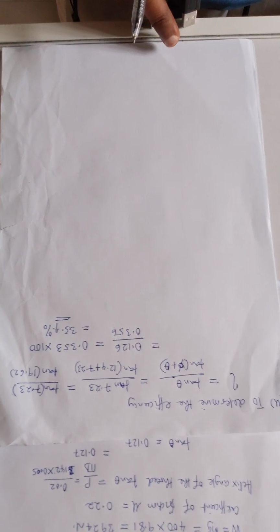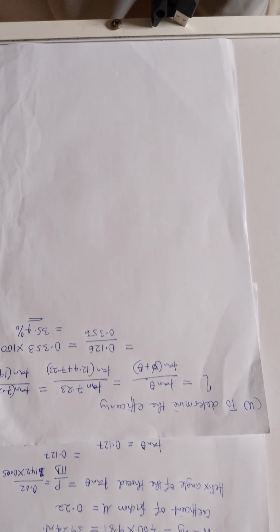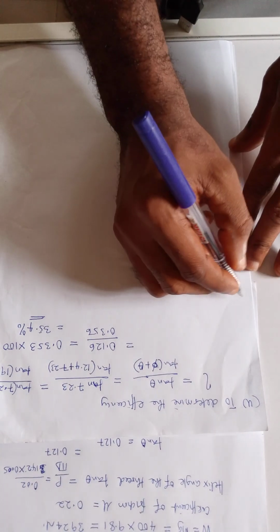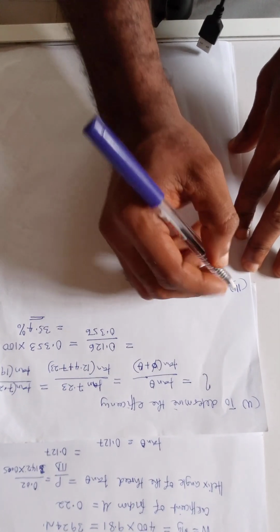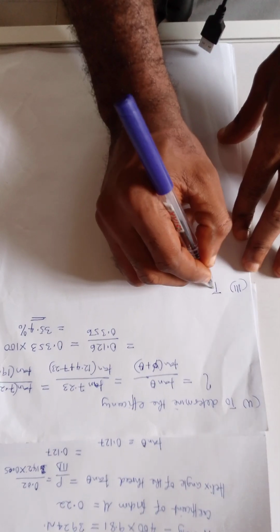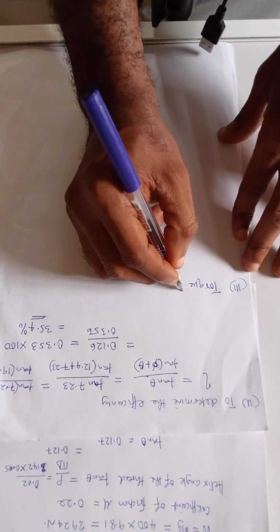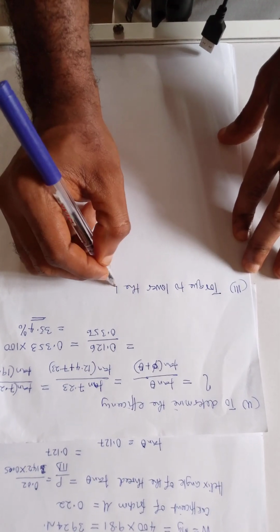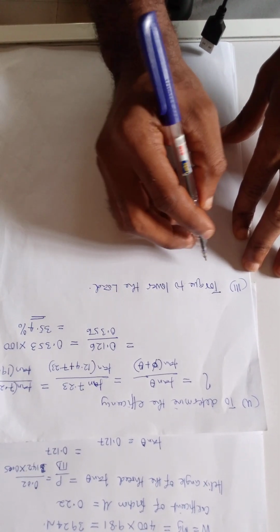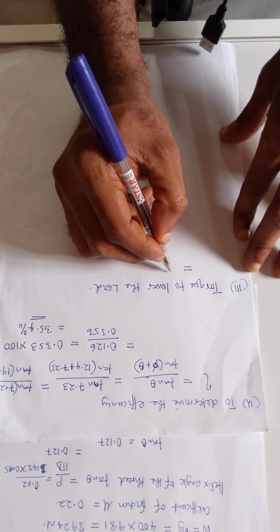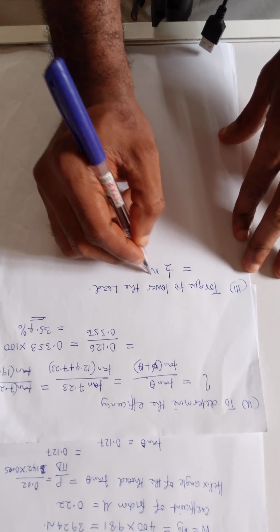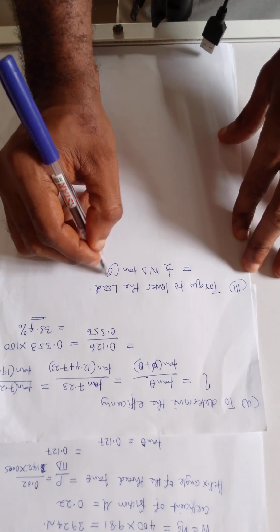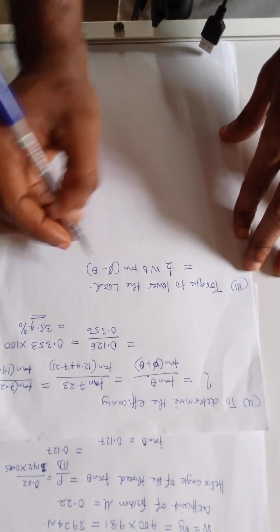Having calculated the efficiency, we can now look into calculating the last part of the question, which is to find the torque to lower the load. This is given by the formula half W D tan of phi minus theta.